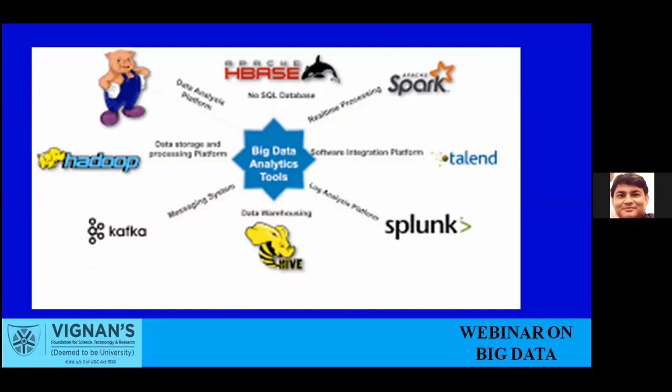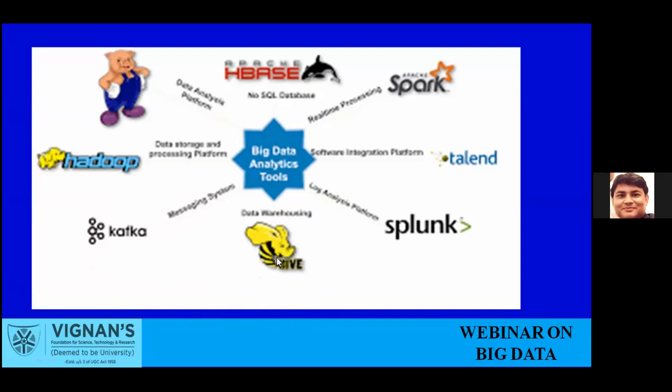It means we can write SQL-like commands and do the work in a Hadoop environment. Hive uses a language called HQL, the Hive query language, and with it we can do processing in a Hadoop environment and store data.